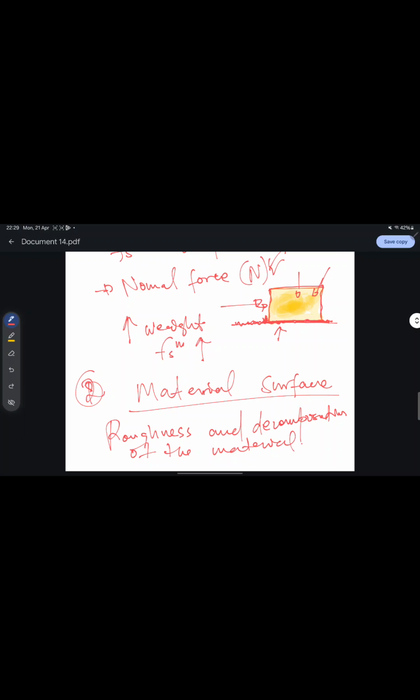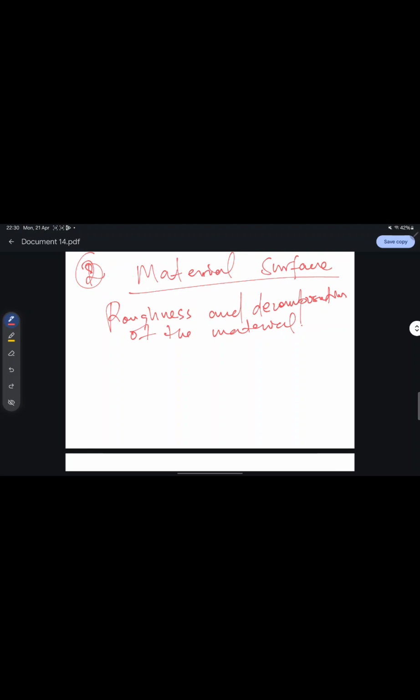Then the formula of calculating the maximum static frictional force will be given as mu s times normal. And I have introduced something that is mu. What is this thing?